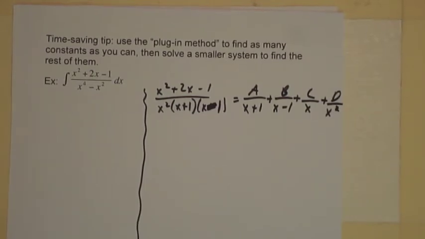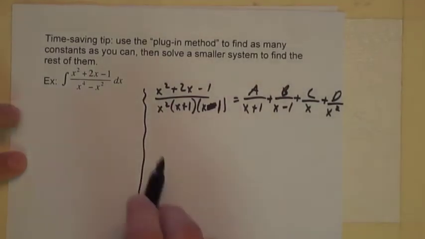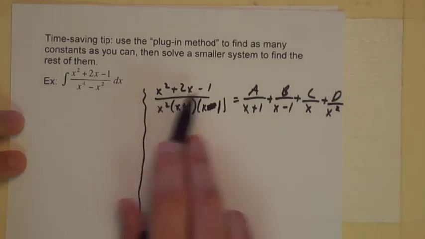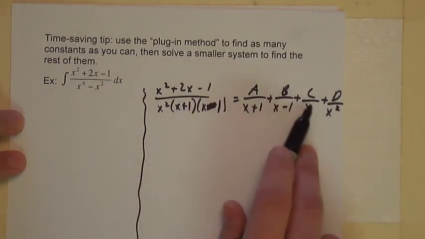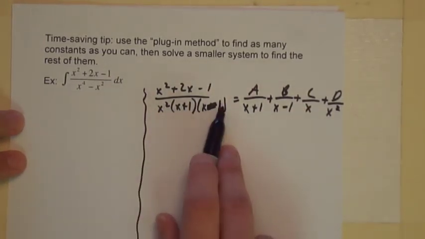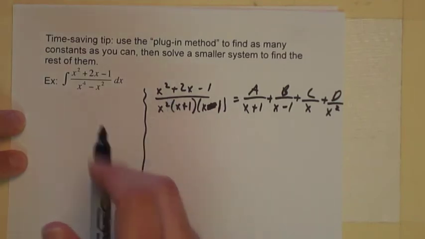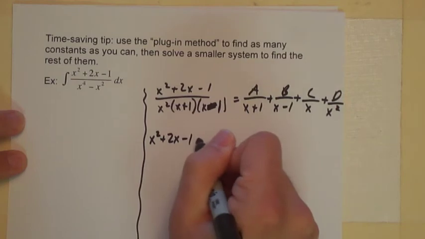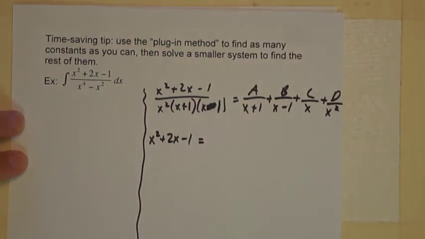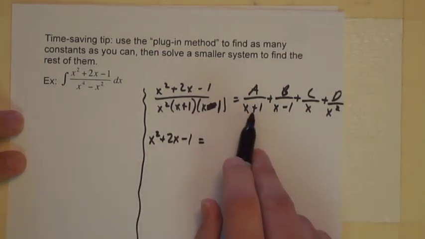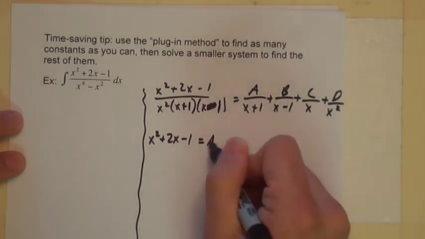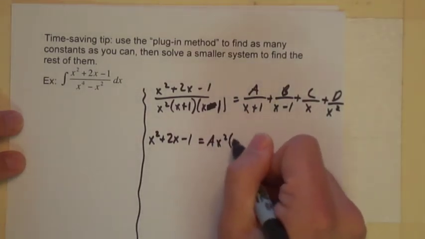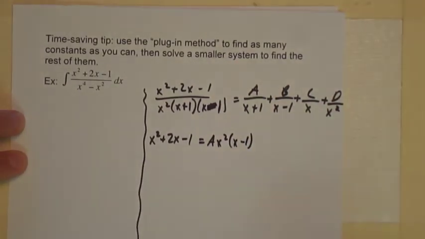Let's clear the fractions from this. Let's multiply each of these 4 terms by the whole denominator here. Then we would be left with, on the left side, just x squared plus 2x minus 1. For this A term, the x plus 1 cancels, and we're left with A times x squared times x minus 1.